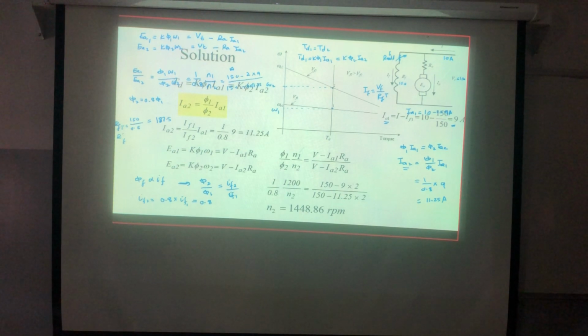So RF add equals 187.5 minus 140.5. So now the power losses on the field equal to what? IF squared multiplied by R. So this will equal 0.8 squared multiplied by 37.5, and if you do the math, it equals 24. So this will equal 24 watts. Good.